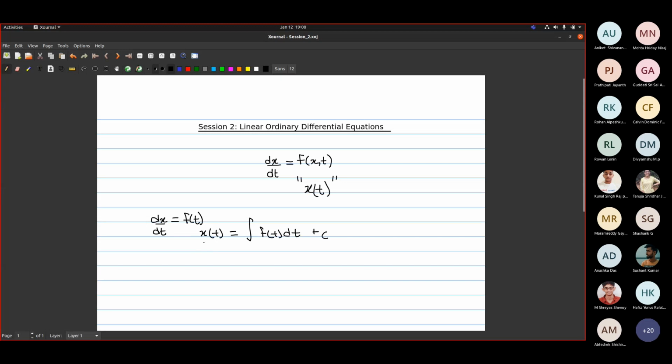Similarly, if this is just a function of x, then you can proceed via integration. This would be a little more complicated because you would have to integrate this whole thing, find x, and then find x in terms of t. But this is also pretty doable. This was the second case.